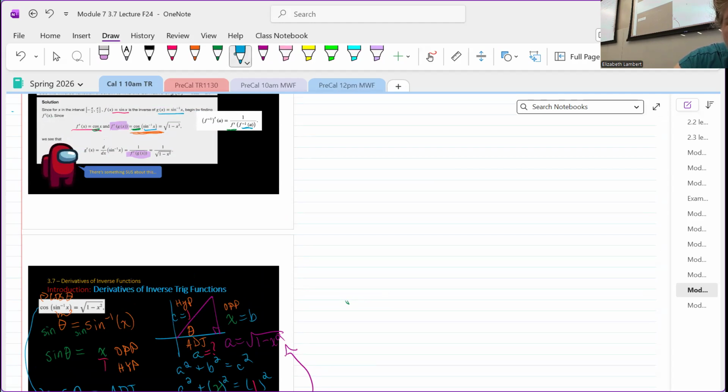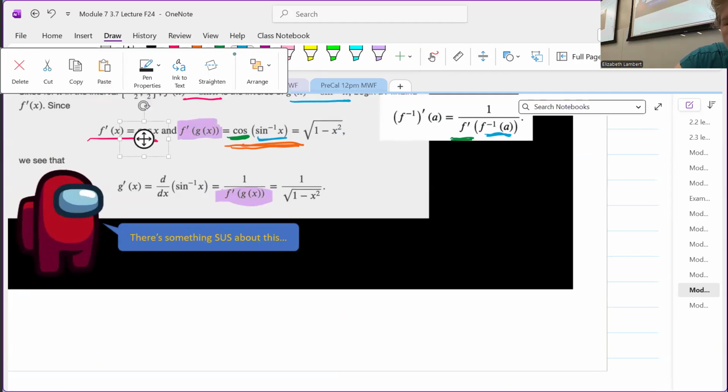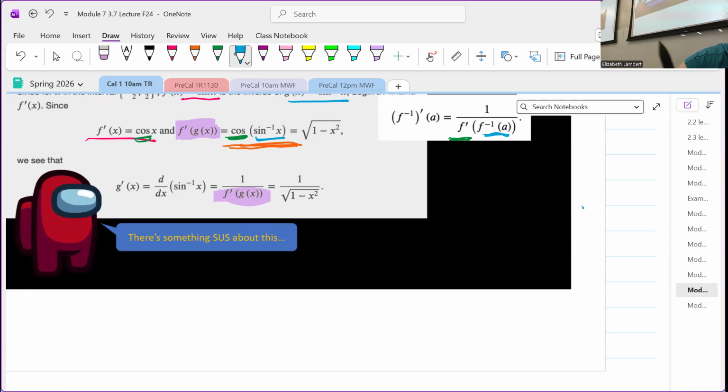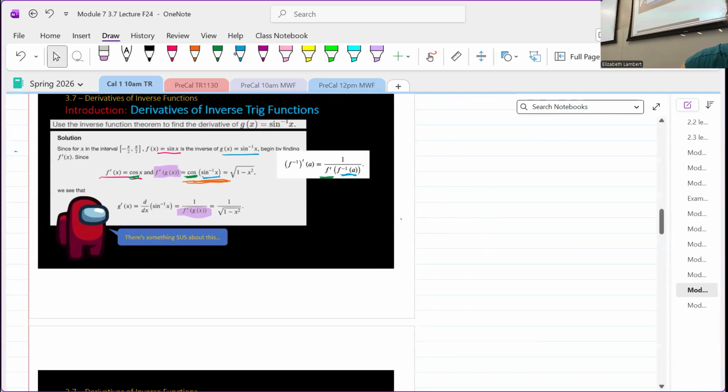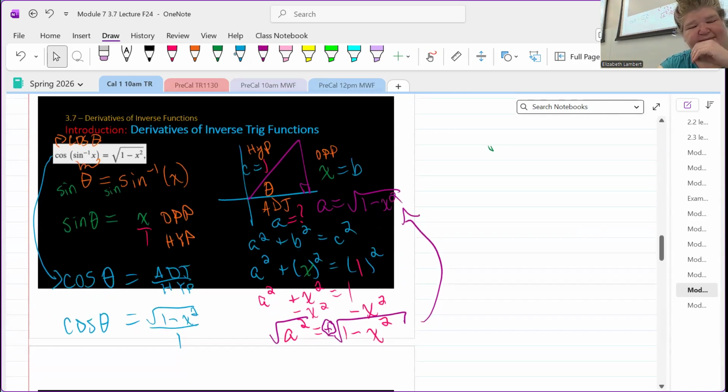So our derivative of inverse sine back here is 1 over that weird composition, so it's 1 over the square root of 1 minus x squared. Now, we're not going to make you go through this process for all of the trig functions.